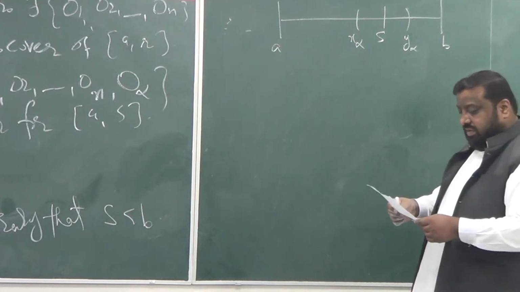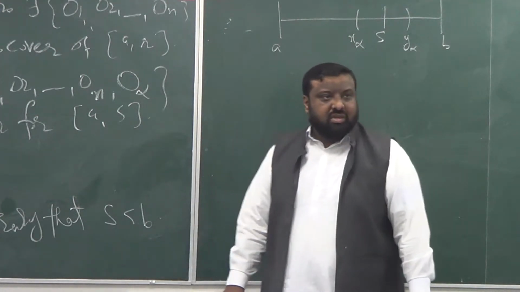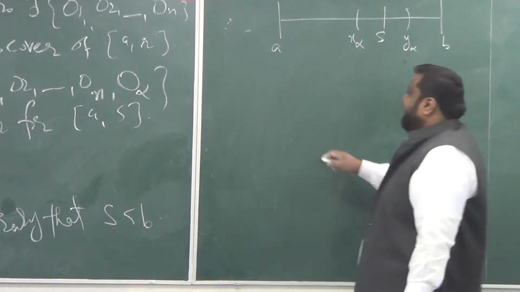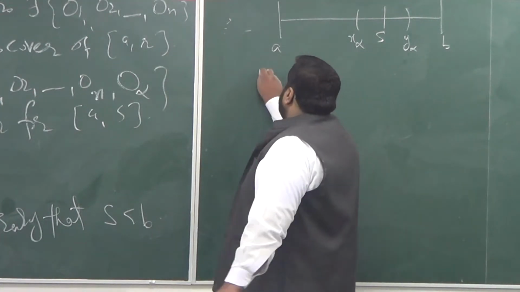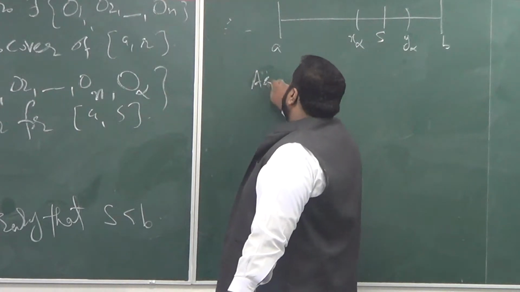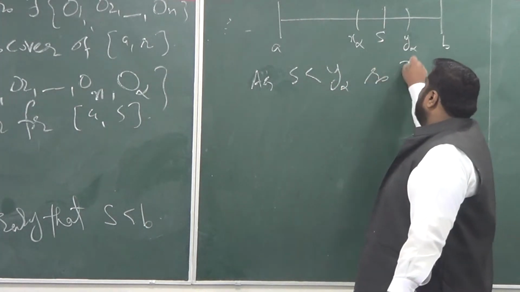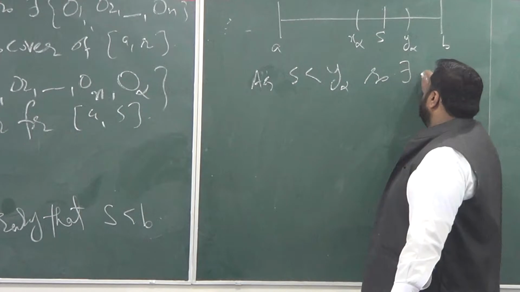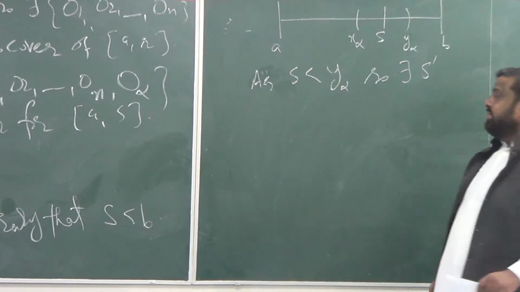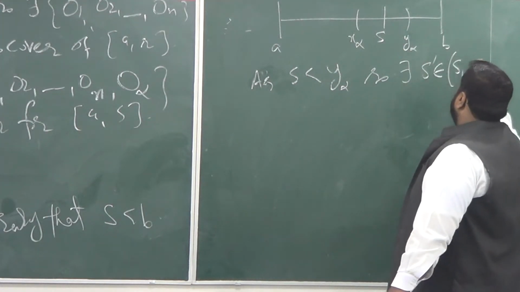Is it a difficult thing to find a third number between these two numbers? Average. Okay. So I'm going to say that since S is smaller than this Y alpha for sure, I can easily find a number, maybe S prime, which belongs to the interval S and Y alpha.